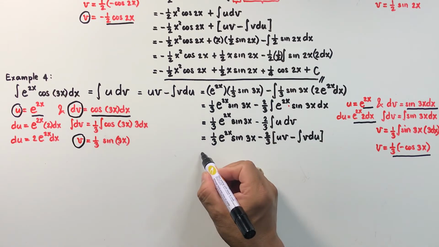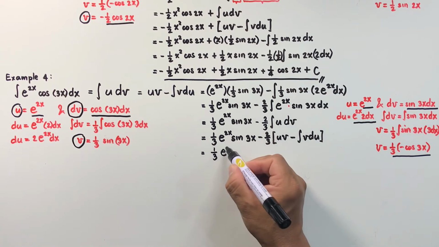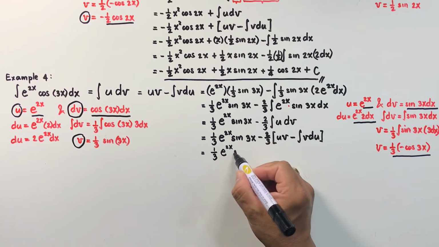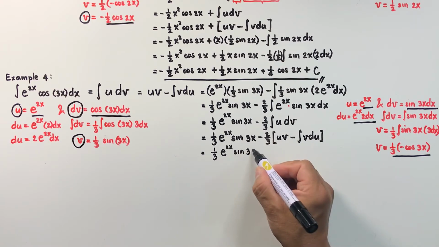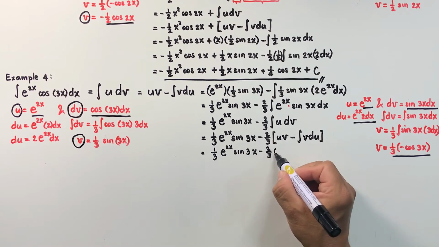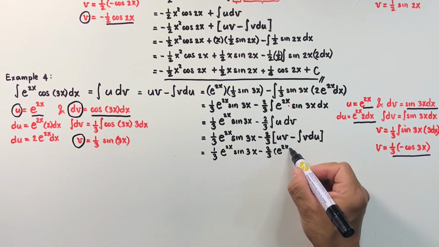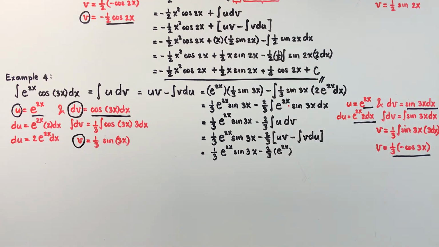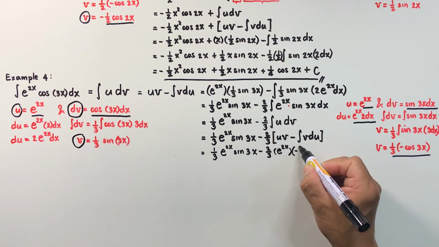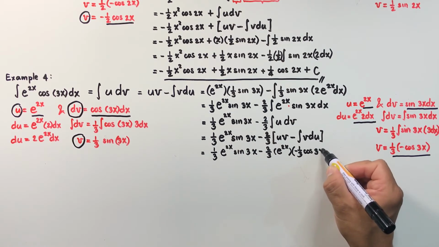And you notice that if you substitute back our original functions, we have minus 2/3 times our u, which is e to the power 2x here, and our v, which is the negative 1/3 cosine 3x.